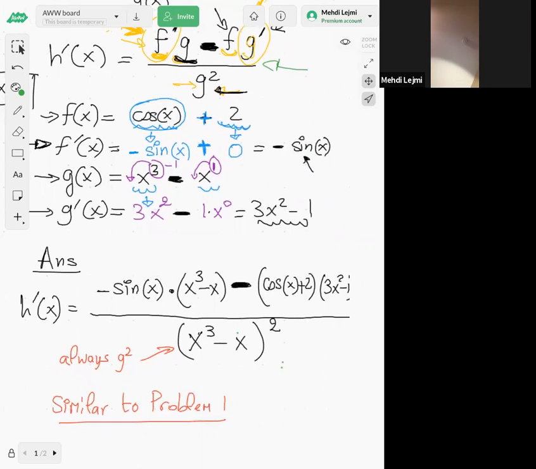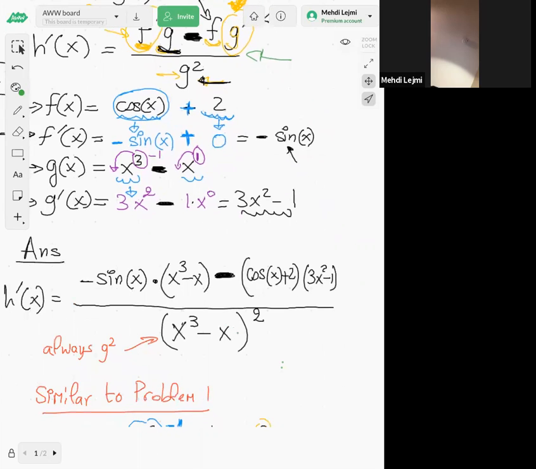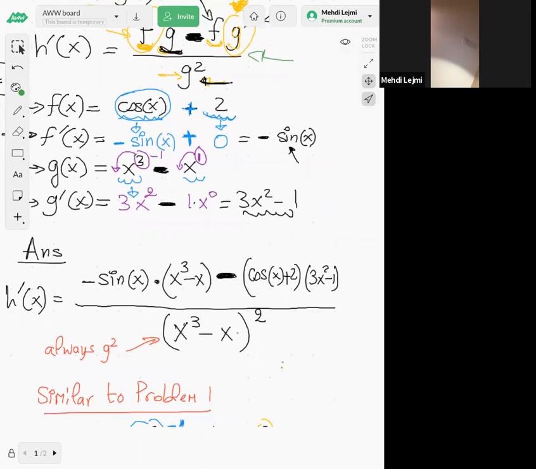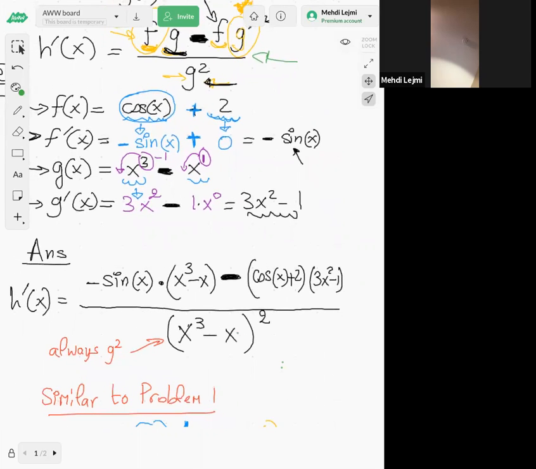In the homework, does it say simplify your answer? Yeah, find and simplify the derivatives. So you need to simplify if it's possible. Sometimes there's nothing you can do, but if it's possible, yes, you have to try to simplify your answer, because the problem says find and simplify the derivatives.